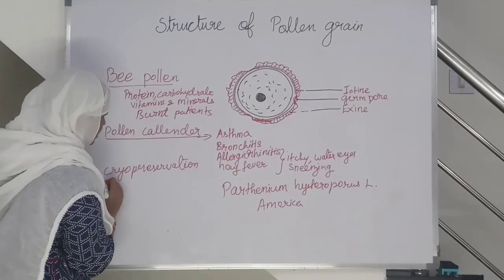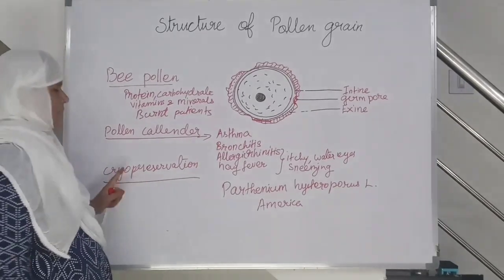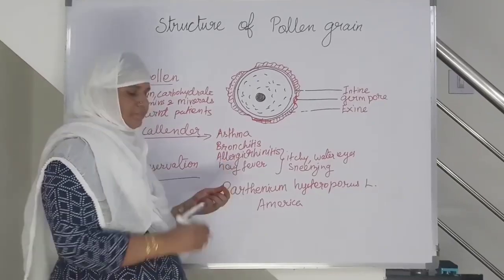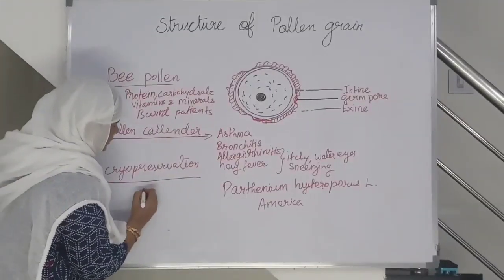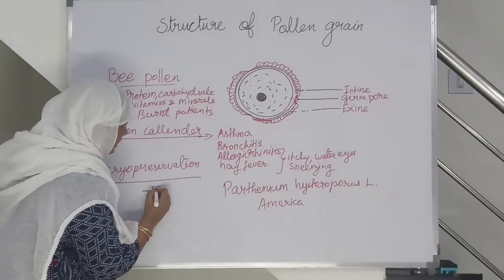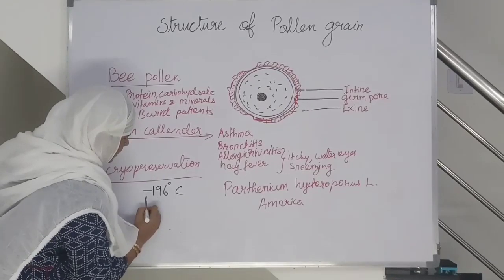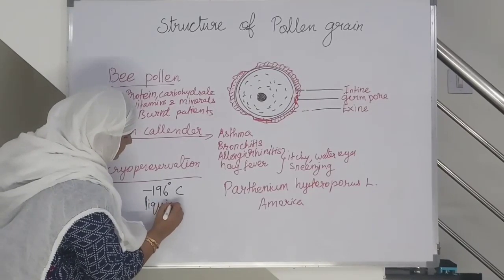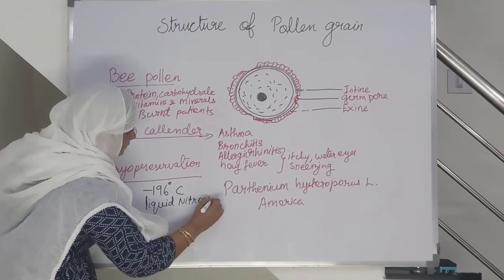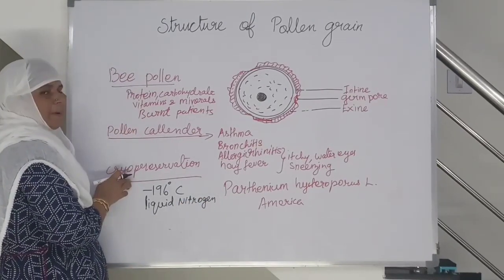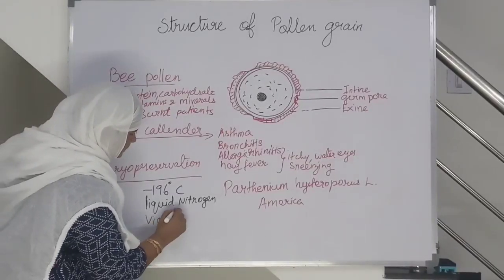Now cryopreservation. Here the pollen grains are stored at minus 196 degrees Celsius using liquid nitrogen so that they will be maintained in viable condition for a long period.